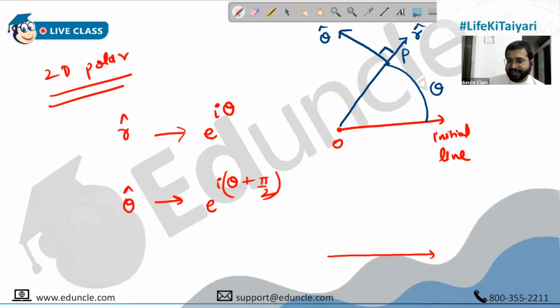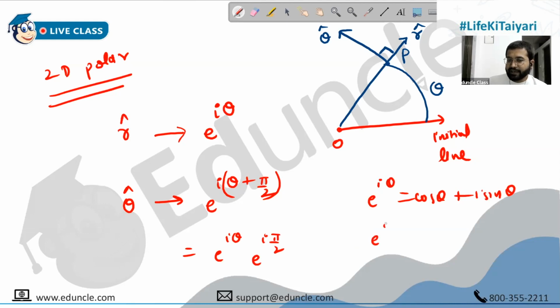Correct now? If this is x and this is y, then y is 90 degrees ahead. So if this is r and this is theta, theta is 90 degrees ahead. So you add 90 degrees to it, and then you split it: e raised to i theta, e raised to i pi by 2. Here you apply Euler's formula. What was our Euler's formula, people? e raised to i theta is cos theta plus i sin theta.